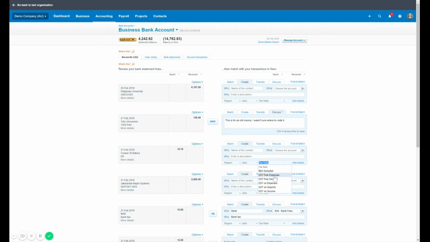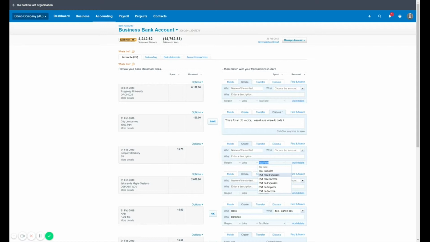So what about GST-free? Typical examples of GST-free is, once again, international purchases. So a lot of stock-based businesses will be buying from China and India, Pakistan, the UK. Overseas, they'll be buying items to sell in Australia.